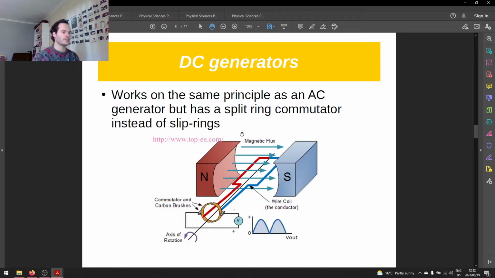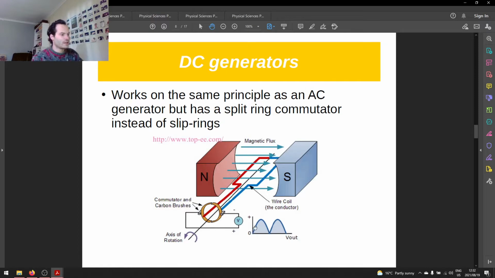Then the DC generator works on the same principle, except here you don't have a slip ring, you have a split ring commutator. And what that does is it reverses the direction of the current flowing through the coil, so that the output voltage stays in the same direction, or the output current stays in the same direction.